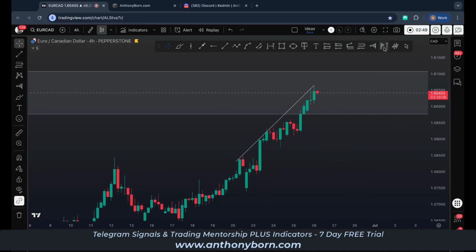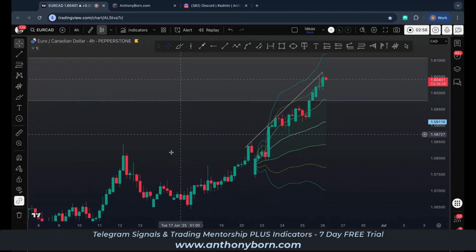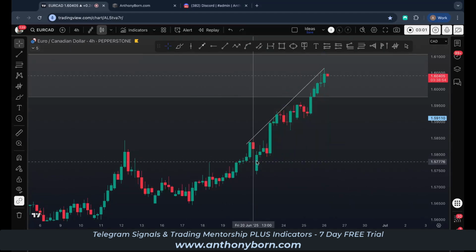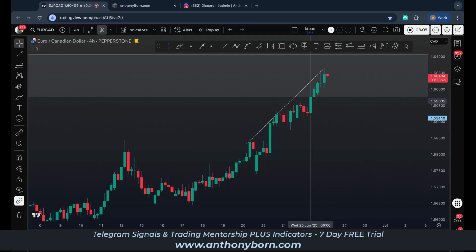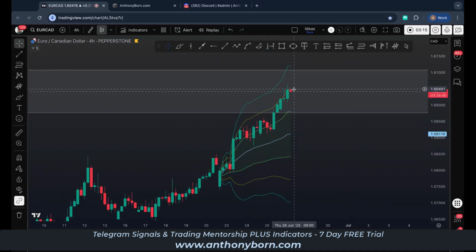Now, one of the tools I do like is the anchored VWAP. You could throw it here or back further. You could take it from the beginning of the day if you like, or Monday, since today is Thursday. On a lower time frame, we could take it back to here. Looking at this run, see how far out from the VWAP it is.